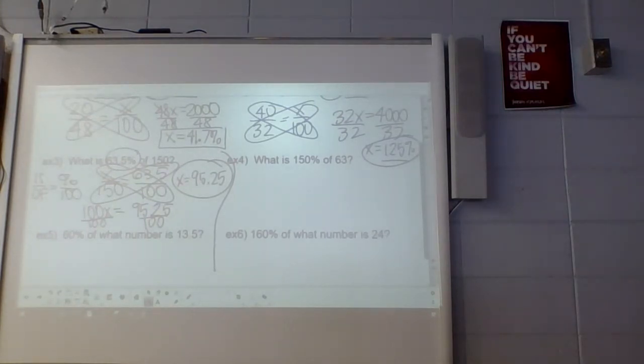You guys get that set up. And again, I know sometimes it's like, oh, an extra step to set up this proportion, but it really helps you to know where everything goes really nicely.